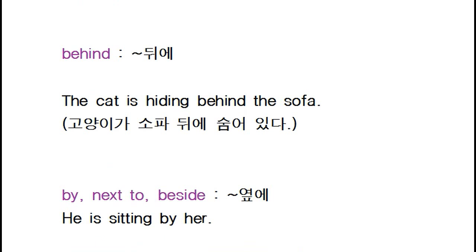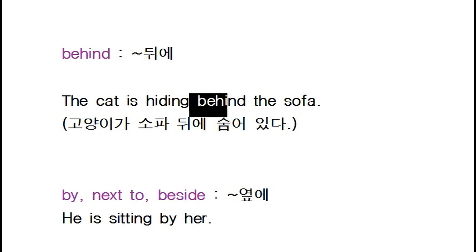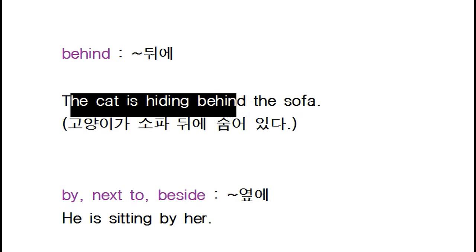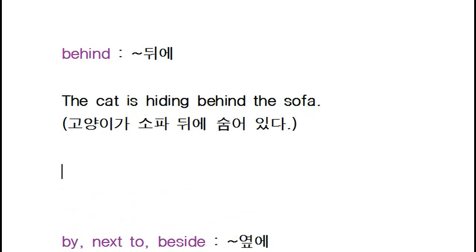Next. Behind. What is behind? This one. Very good. Let's read. The cat is hiding behind the sofa. Behind. At the back. The cat is hiding behind the sofa. Very good. Or let's have another example.